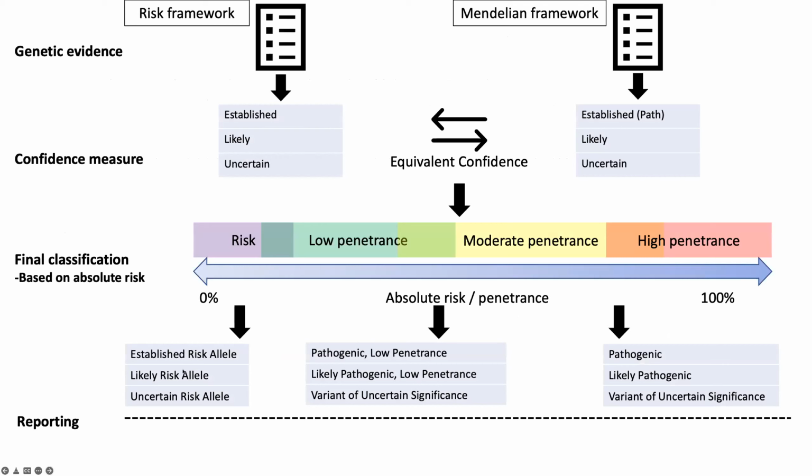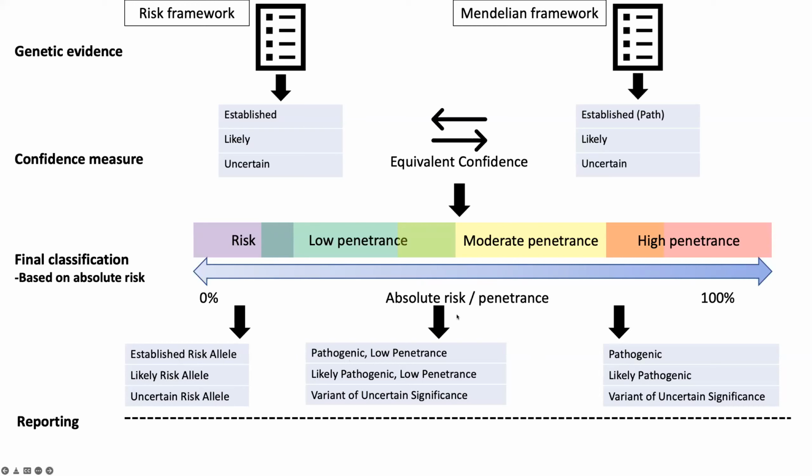Yeah, so we are trying to base things on level of evidence, like how much confidence we have that this thing has an effect. An established risk allele has the same level of confidence as a pathogenic low penetrant and as pathogenic, but what you might call those variants may depend on the absolute risk.